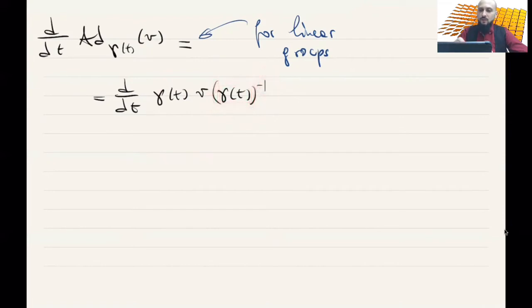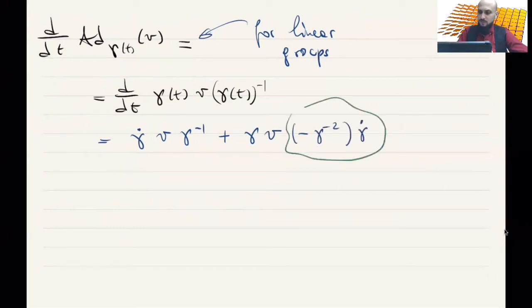So we would be tempted to write this as equal gamma dot v gamma minus 1 plus gamma v, and now it's the derivative, so it's minus gamma minus 2 times gamma dot. Is this true? Does the derivative satisfy this equation? Actually, it's not correct.